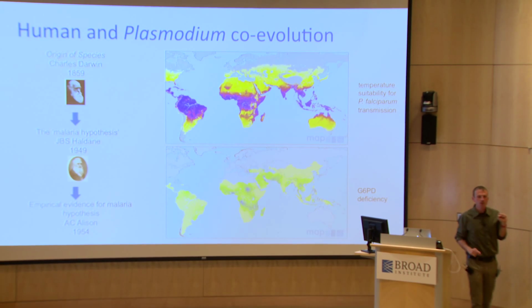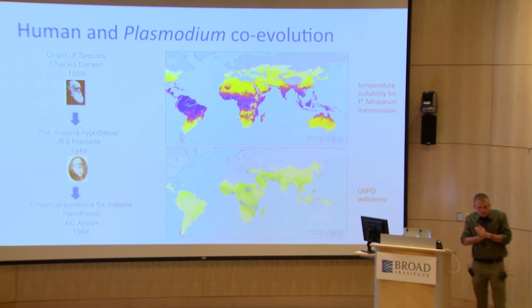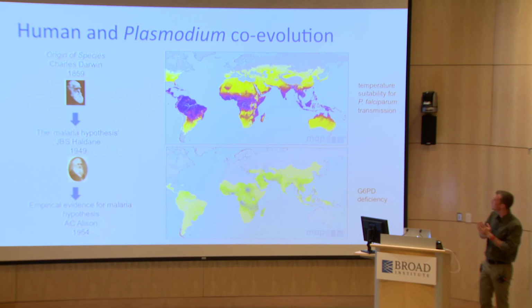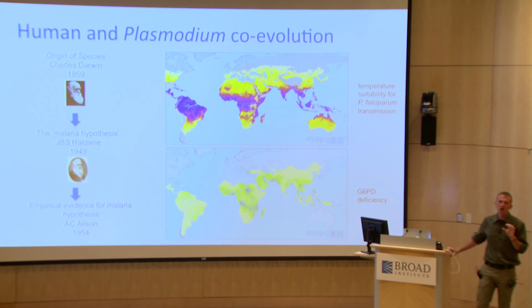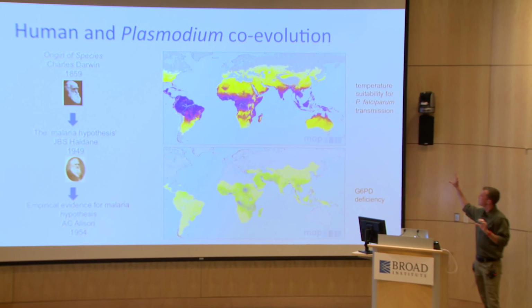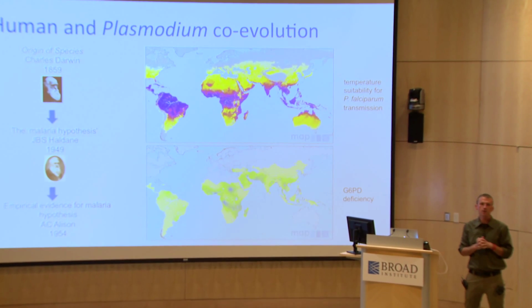Haldane, who in the 1940s noticed that the geographic distribution of certain maladies, like thalassemia or sickle cell disease, was eerily similar to the geographic distribution of high malaria transmission intensity. And you can see the top map is a map of the temperature suitability for Plasmodium falciparum malaria transmission.